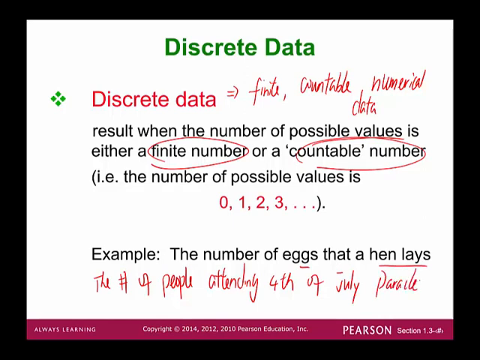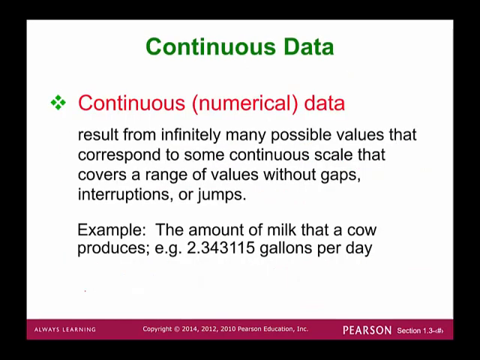It could be a huge number, but it's still finite and countable. If you hire enough people to count the amount of people attending the parade, you could definitely get a number for that. So although it could be a big number, it's still a finite countable number. This is the essence of discrete data.